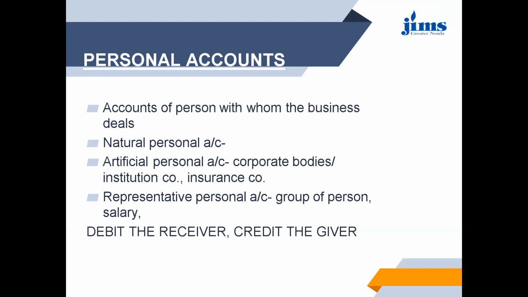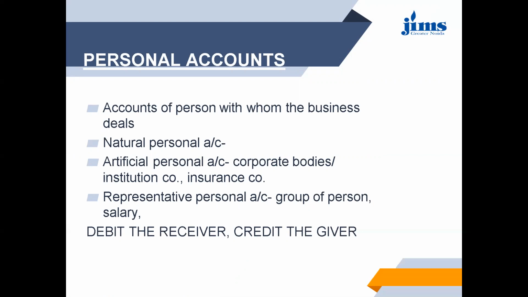Like the name suggests, it includes the accounts of a person with whom the business deals. In personal account, there can be three types: natural personal account, artificial personal account, and representative personal account.